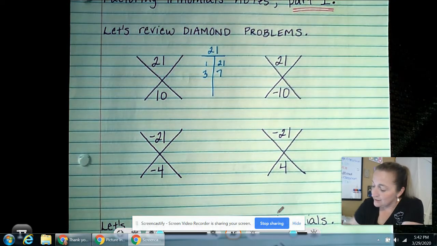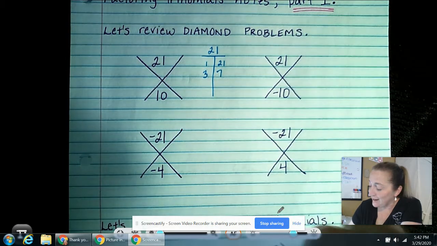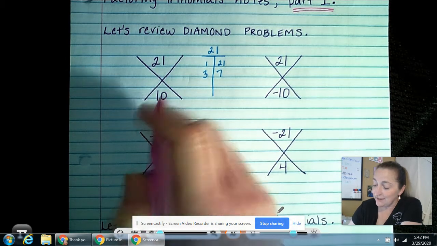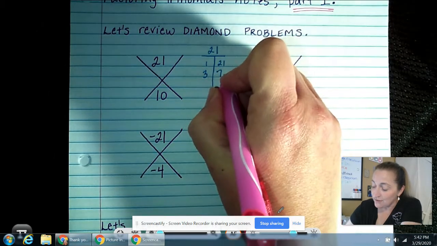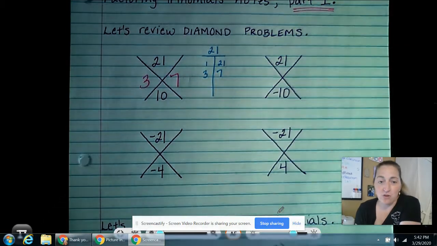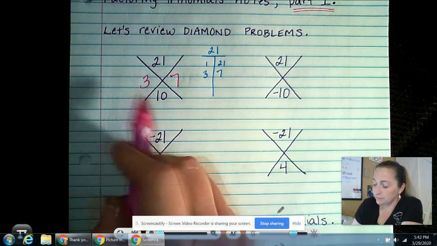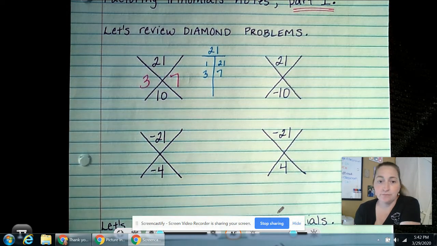So it can either be a 1 and a 21 or a 3 and a 7, but I need those to also add up to 10. Well, 1 plus 21 doesn't equal 10, but 3 plus 7 does equal 10. So 3 and 7 are the numbers that I need for my diamond, because 3 times 7 is 21 and 3 plus 7 is 10.